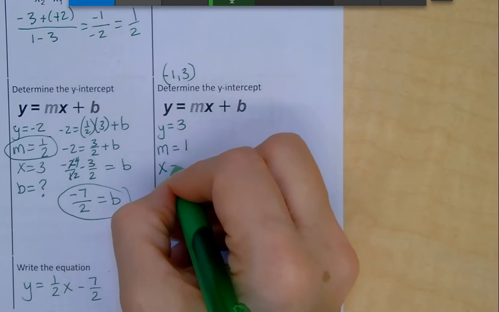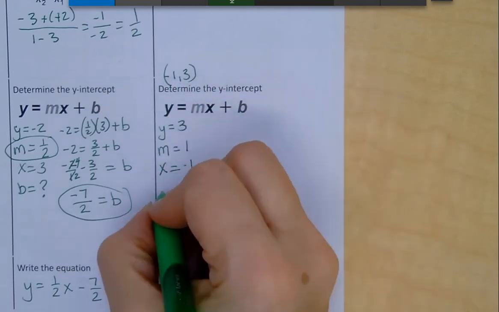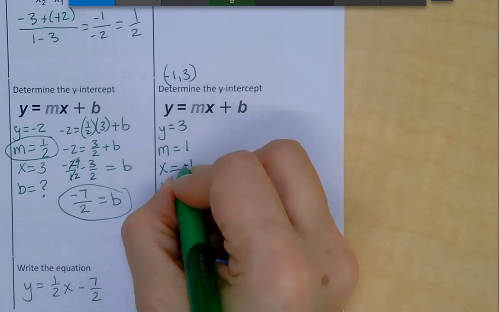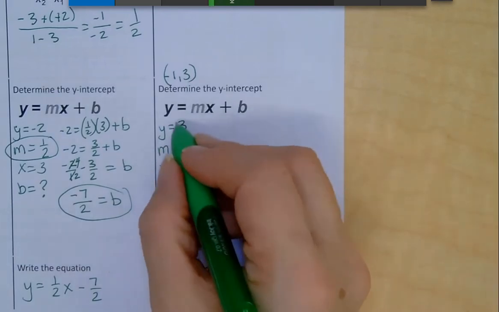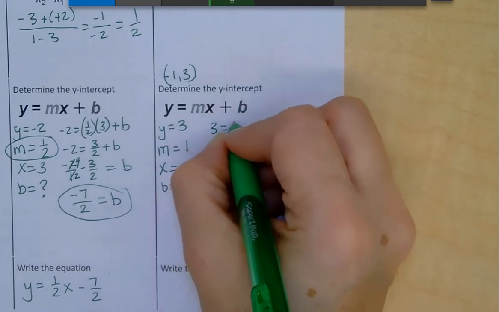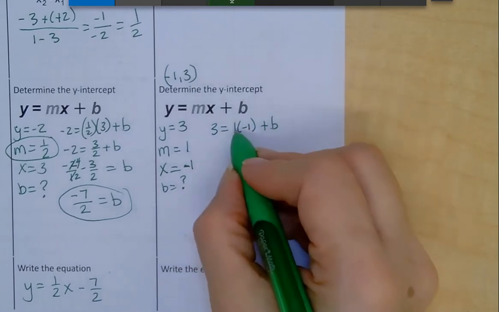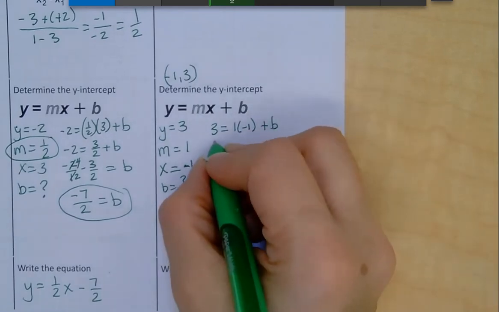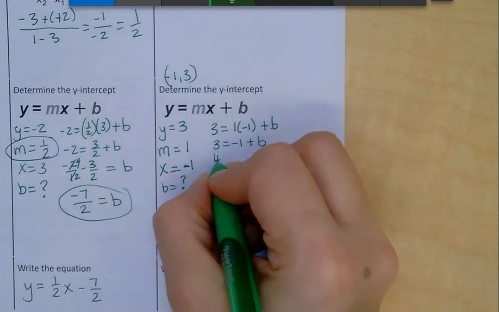My x value is -1 in this ordered pair. And my b value is the thing I don't know. Okay, if I solve from the first ordered pair, I'm going to get 3 equals 1 times -1 plus b, mx plus b. So 3 equals -1 plus b. I'm going to add 1 to each side, 4 equals b.